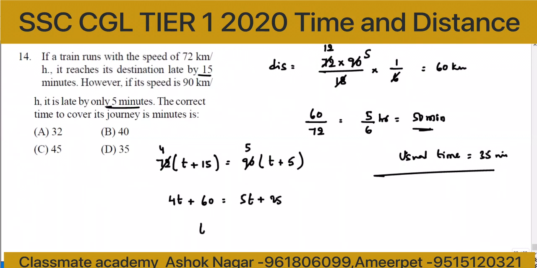T is equal to how many minutes? 35 minutes. Copy first this, S1 T1 is equal to S2 T2. After that, you can do it in any way. Sometimes they'll also ask you distance. If the distance is asked, the first method is very, very useful.